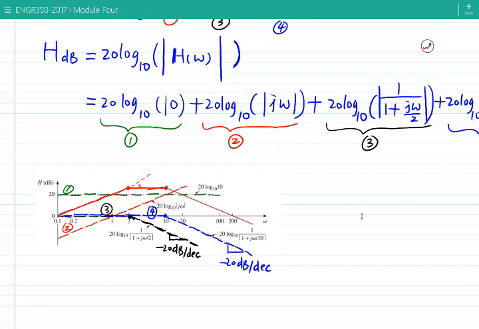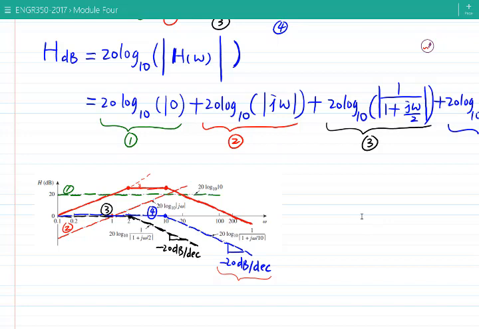Until we reach omega equal to 10, then factor number 4 will come into effect. Factor number 4 gives us a minus 20 dB per decade slope, so we have to bend our line again to minus 20 dB per decade to consider factor number 4, and then we go downward with a slope of minus 20 dB per decade.